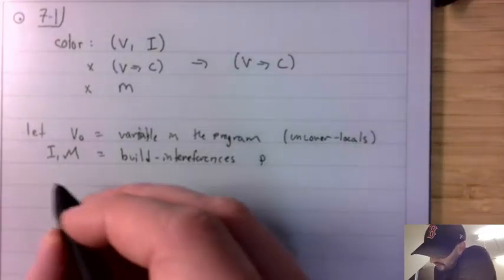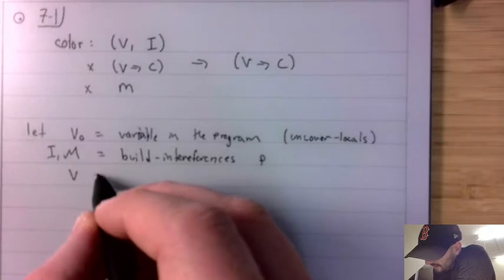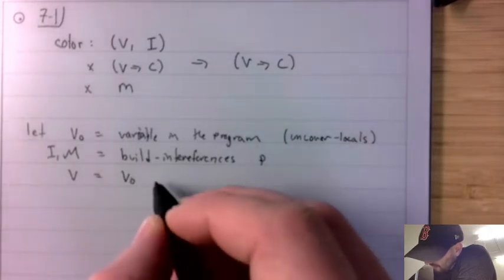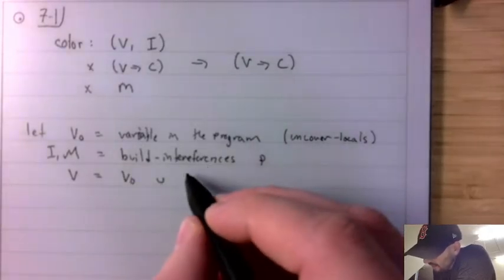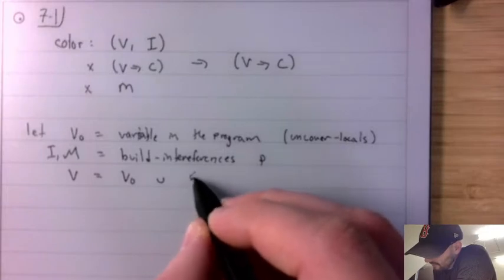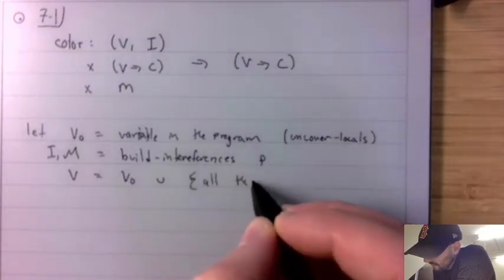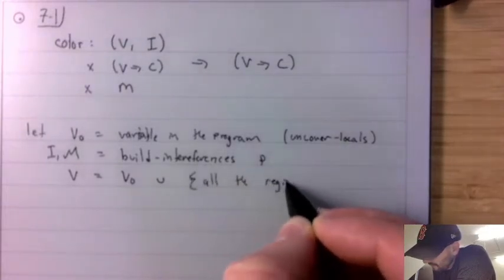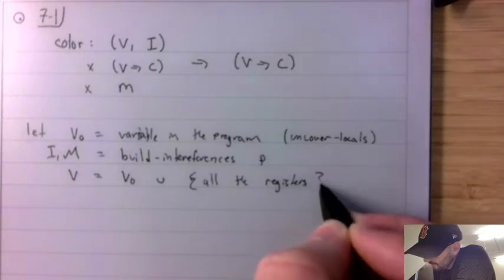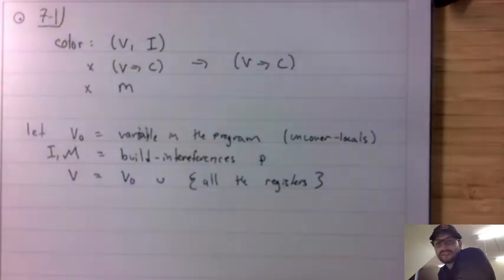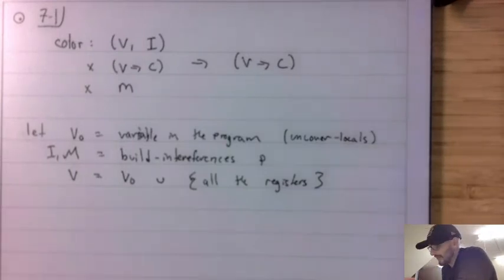Then we're going to construct V by taking V0 and adding in all the registers. When I say all the registers, I mean RBX, RAX, etc. We're going to add all those in.